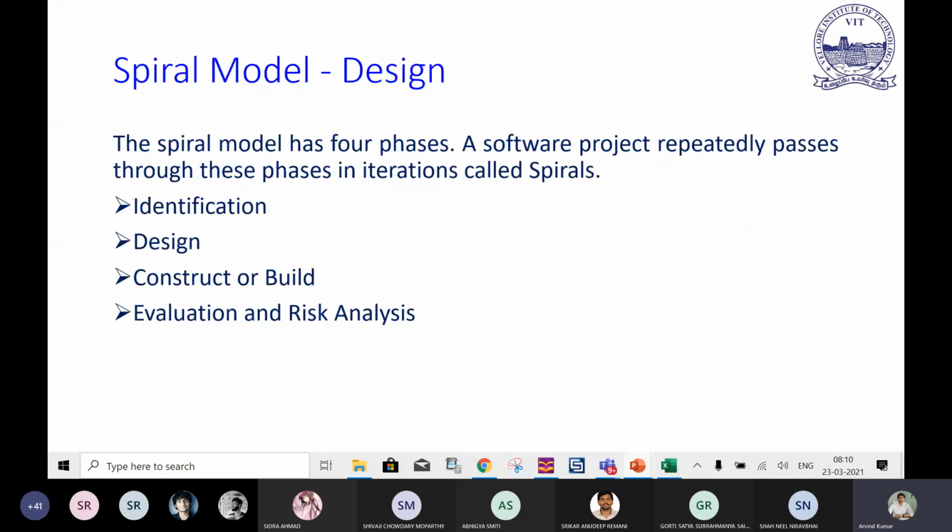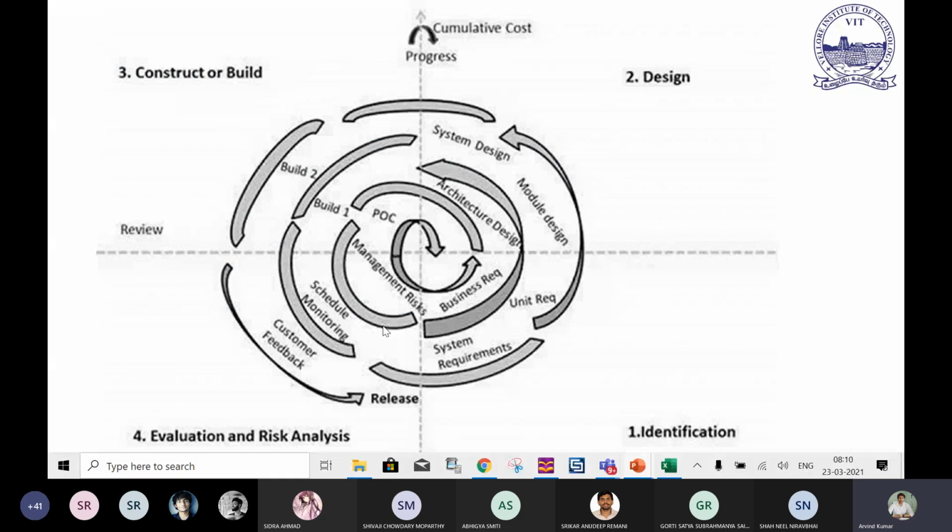The spiral model has four phases predominantly. What we have seen here: identification of the problem, design, construct or build, and evaluation or risk analysis. One by one we will see more clearly what functions are performed at what level. It's depicted in this particular figure. So here you can see build 1, build 2, build 3. Like a second step design, this is step 3.